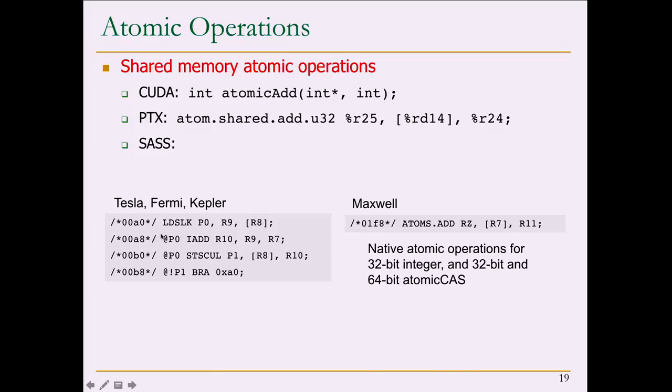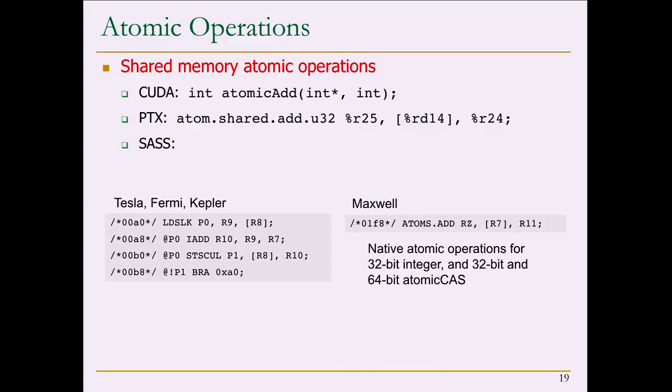You can observe that there is a difference between the code that was generated for Tesla, Fermi, or Kepler GPUs, and the code that is generated for Maxwell GPUs, at least for some of the atomic operations on Maxwell GPU, in particular this 32-bit integer, and 32-bit and 64-bit for atomic CAS. But what I want you to look at is how different these two codes are.